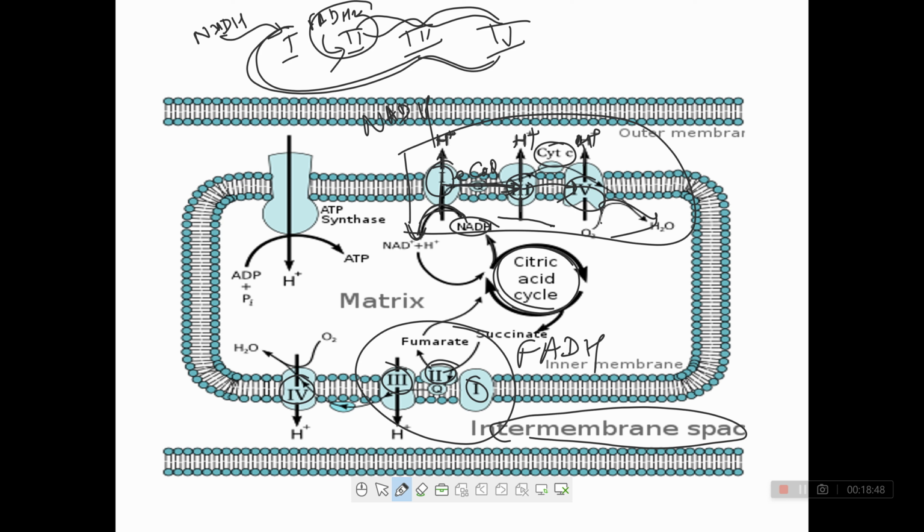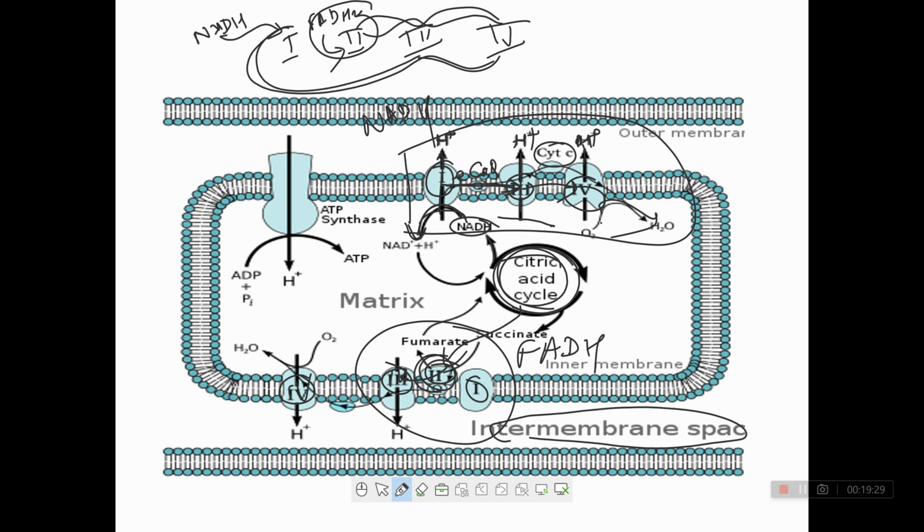Similarly here, the FADH that is released from the citric acid cycle goes into the second complex of oxidative phosphorylation, and after that the electron is transferred to complex 3. In this complex, proton is not released into the intermembrane space. Protons are released from complexes 3 and 4 via FADH2.